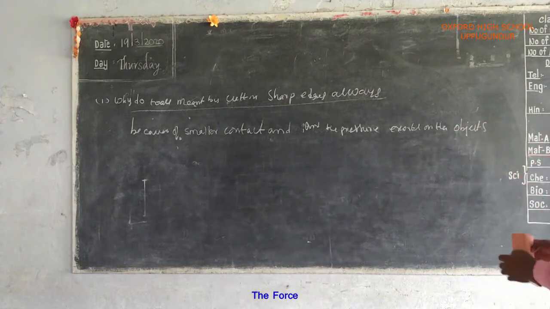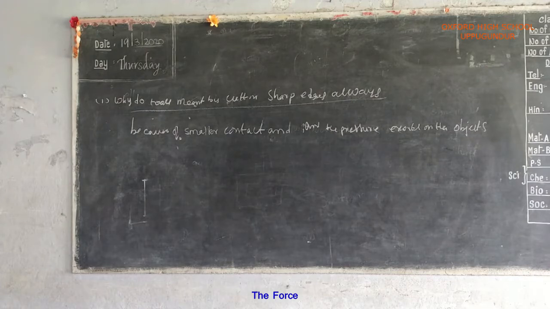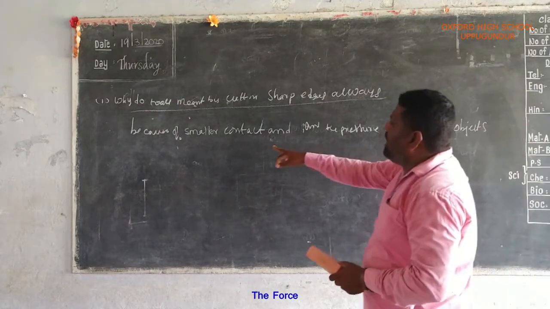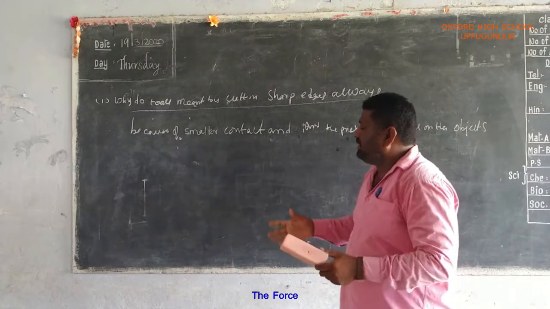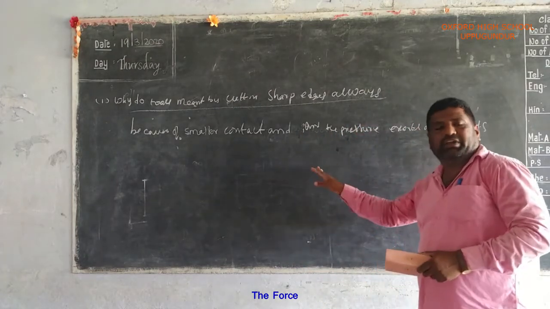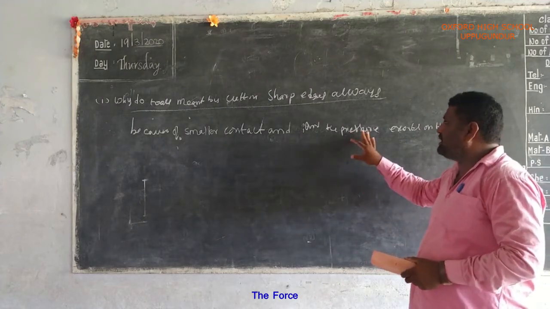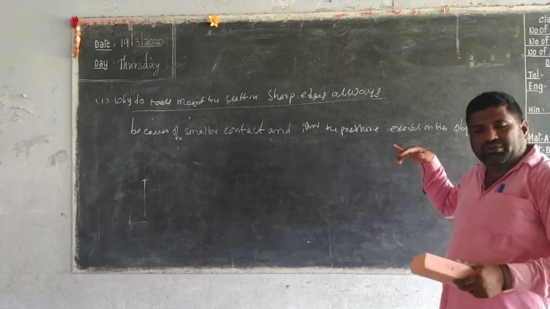It is the reason why cutting tools always have sharp edges. Because of the smaller contact area and the pressure. When the area is very small, the pressure exerted on the body is more.